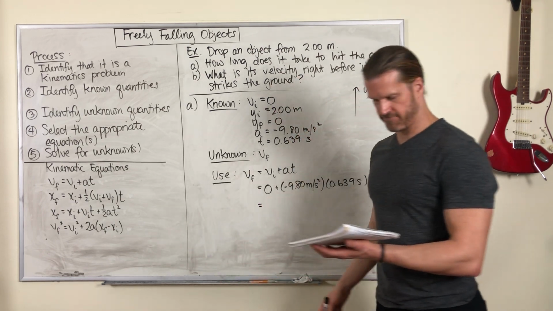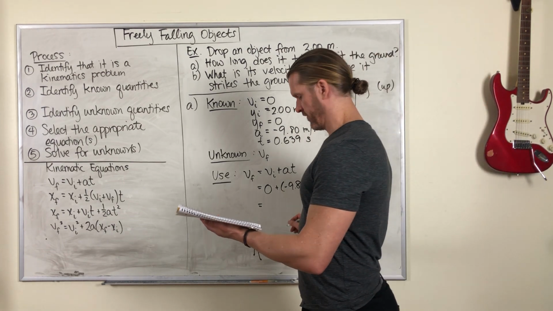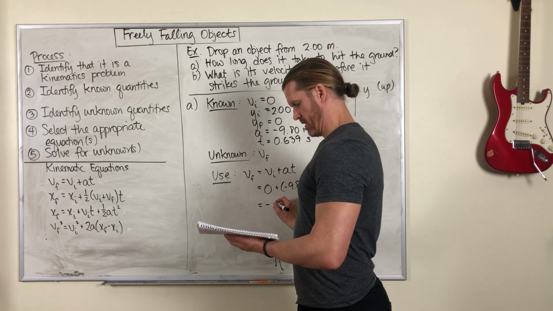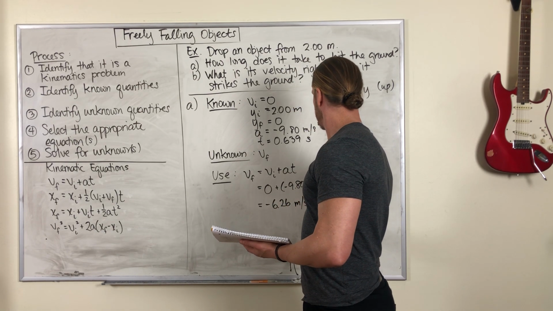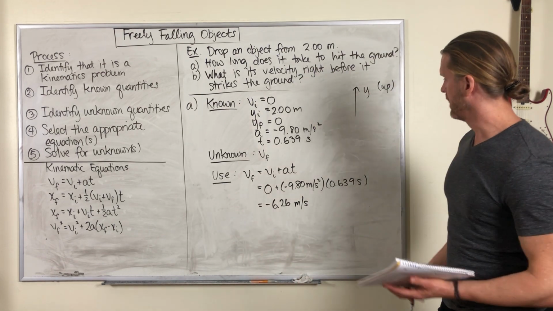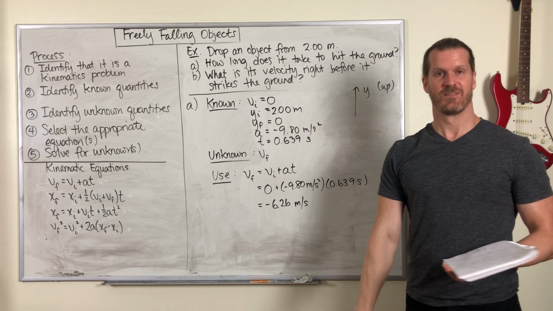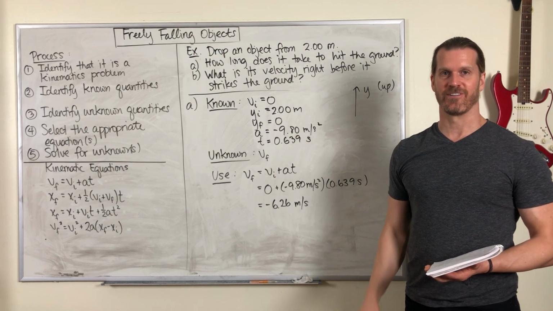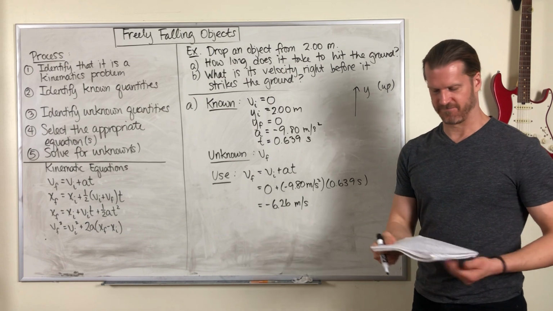So our velocity is negative 6.26 meters per second. And again, that negative sign means that the object is moving downward because we considered up to be positive.